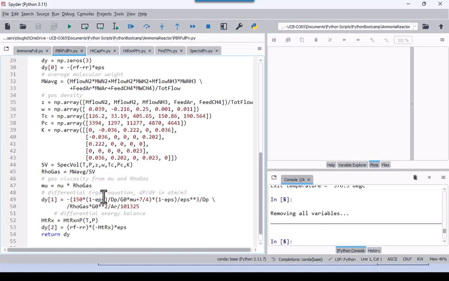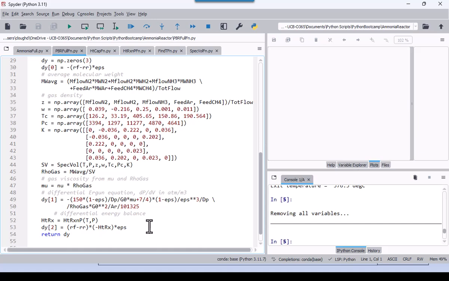That leads us to forming the differential for the Ergun equation, and then with the heat of reaction, we can put together what the derivative is.